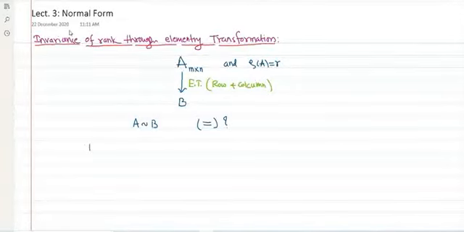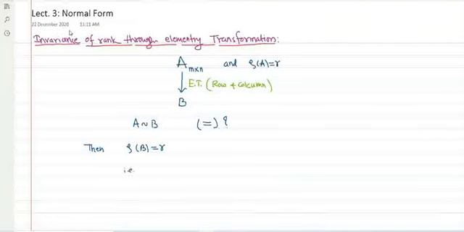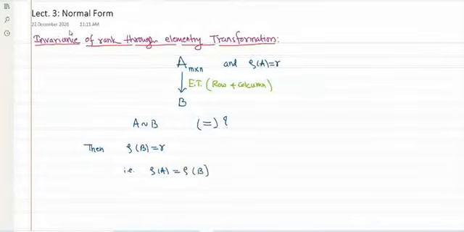Then what is the rank? The theorem says that the rank of the new matrix is also equal to R. That is, rank of matrix A is equal to rank of matrix B. So in short, if two equivalent matrices are given, then their rank is the same.